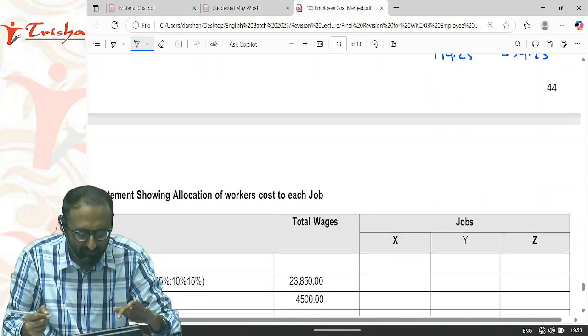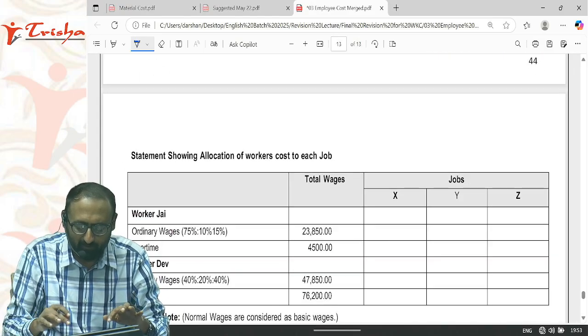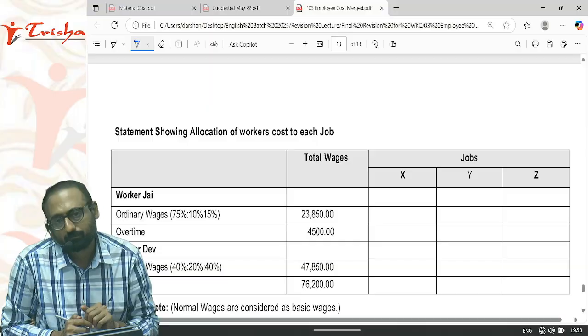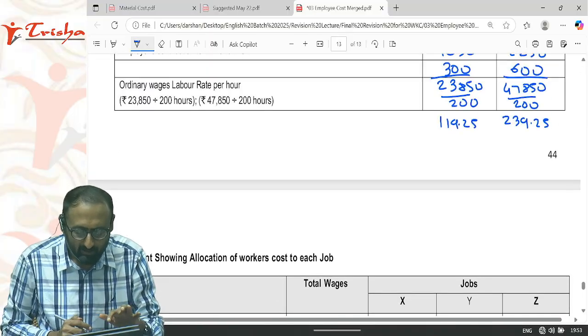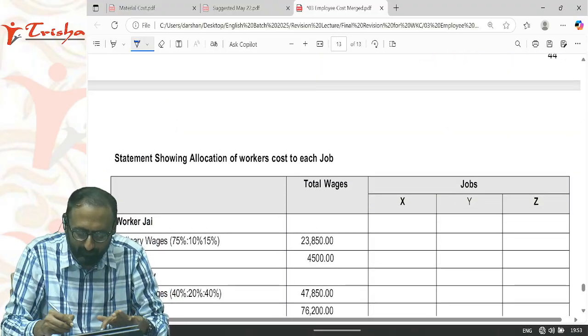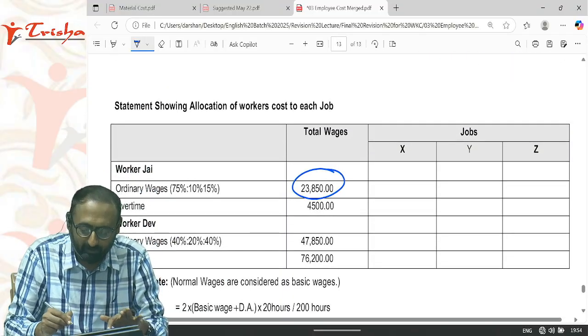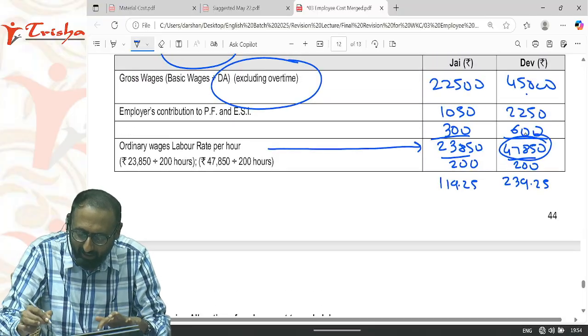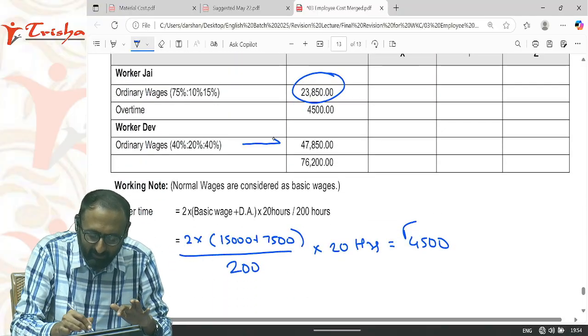And last part, allocation of the labor cost. Labor cost is 23,850, so this is your 23,850. Labor cost is 47,850, this is your 47,850.